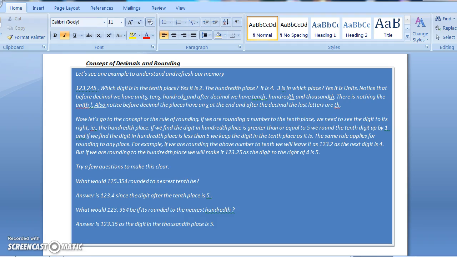What would 123.354 be if it is rounded to the nearest 100th? Notice that the 100th place is 5 and to the right of it is 4. So when we round it, we will leave 5 as it is, and the answer will be 123.35, as the digit in the 1000th place is less than 5.